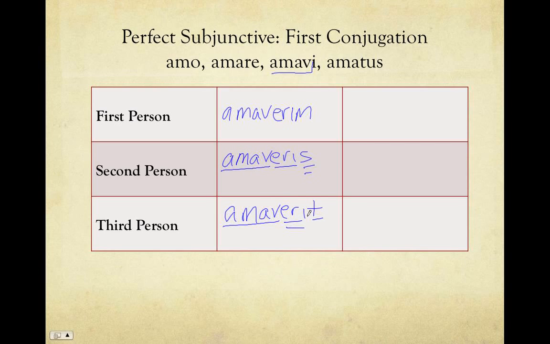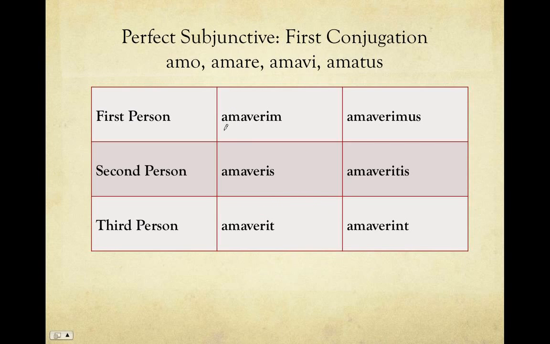Perfect stem, eri, personal ending. Here it is completely done: amaverim, amaveris, amaverit, amaverimus, amaveritis, amaverint.